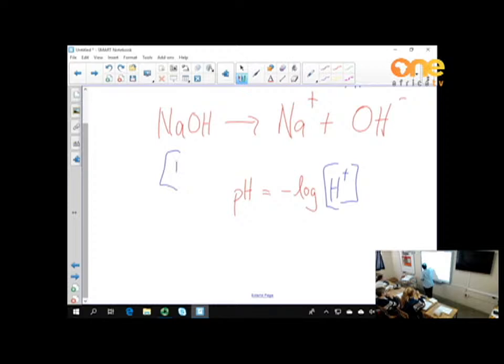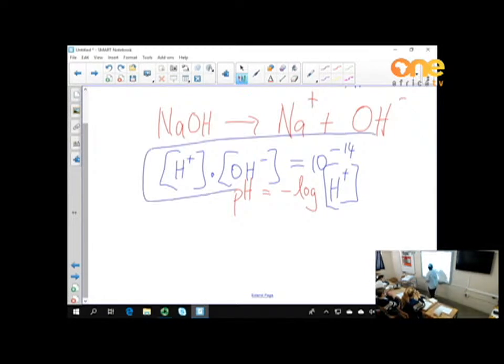We have that the hydrogen ion concentration times the hydroxide ion concentration is always equal to 10 to the power minus 14.